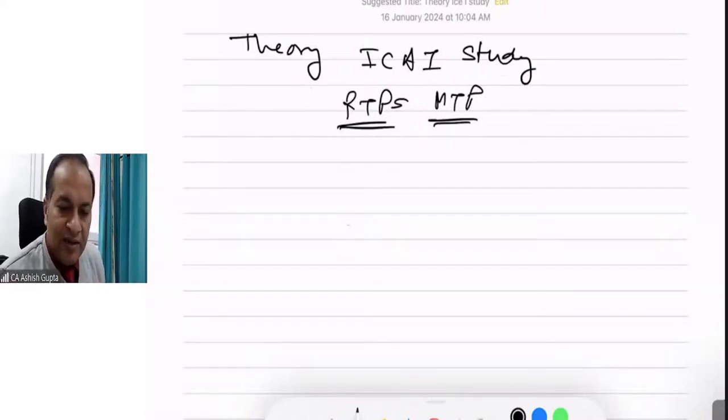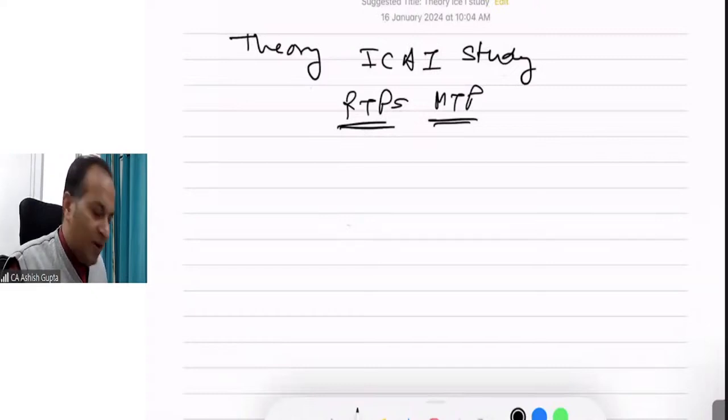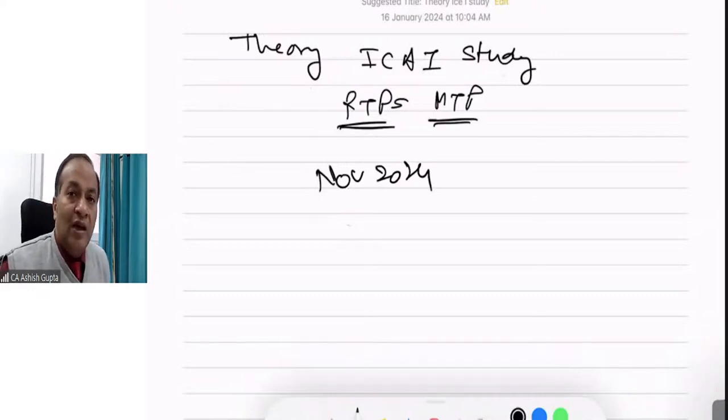Now, the next question was regarding November 2024 classes. Students, in the first class I told you these classes are meant for everyone; there is no amendment kind of thing in the AFM paper. So even students who are appearing in November 2024 can well attend these classes. They are equally good, don't worry. I don't think there will be any change.